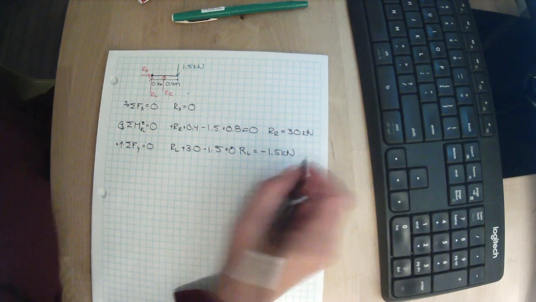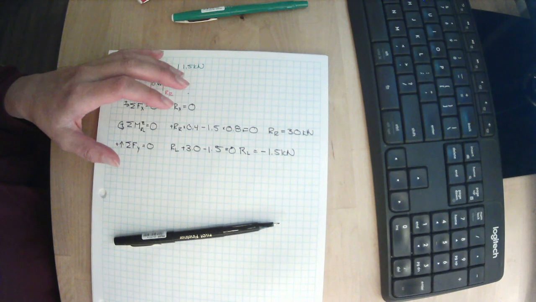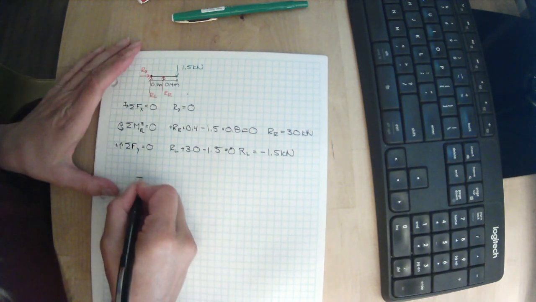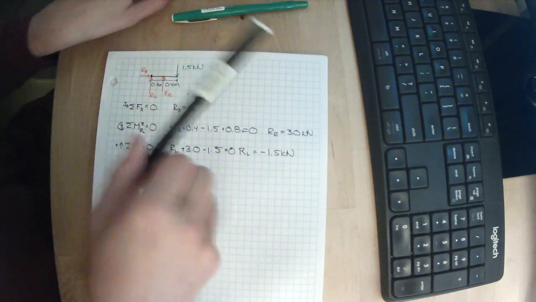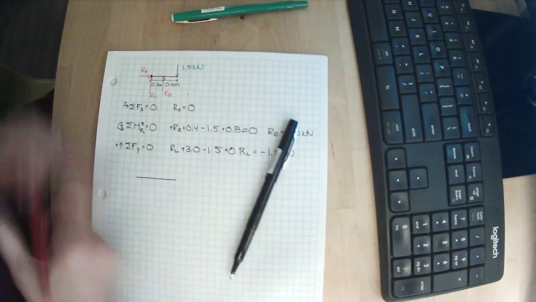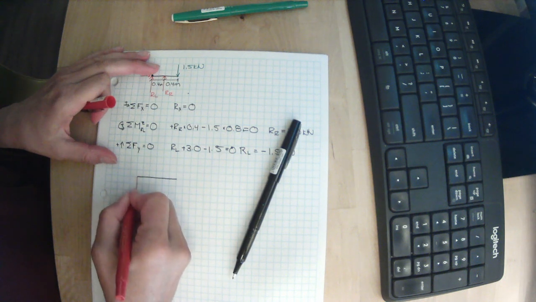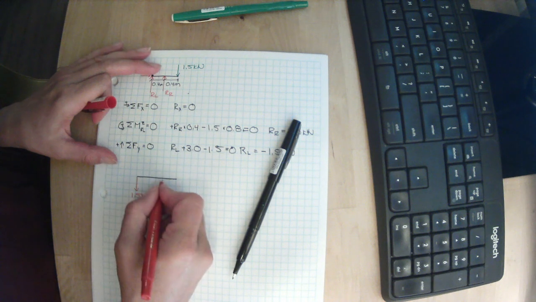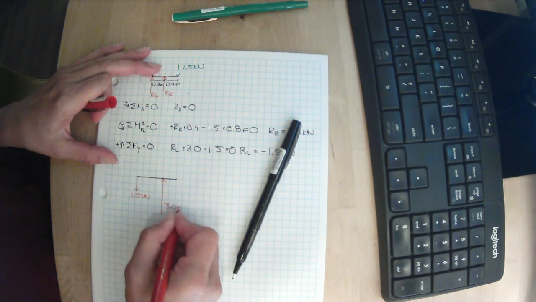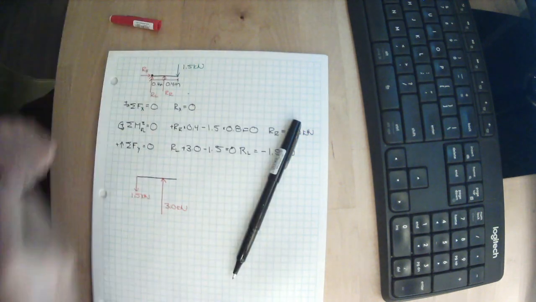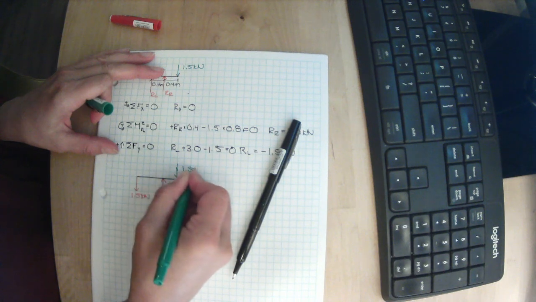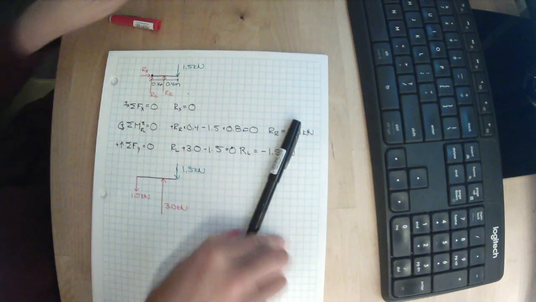Or, we now have a free body diagram that we can draw if we wanted to as 1.5 kilonewtons, 0 kilonewtons, and 1.5 kilonewtons. You don't always have to draw it to scale.